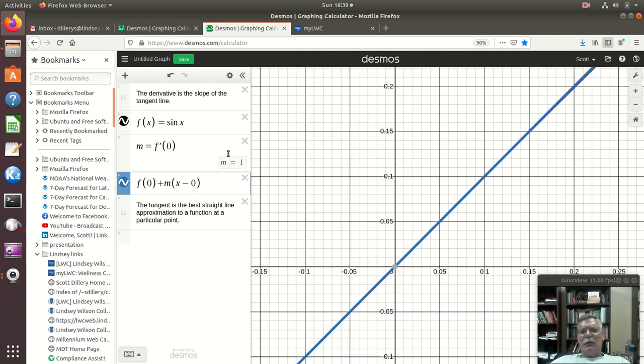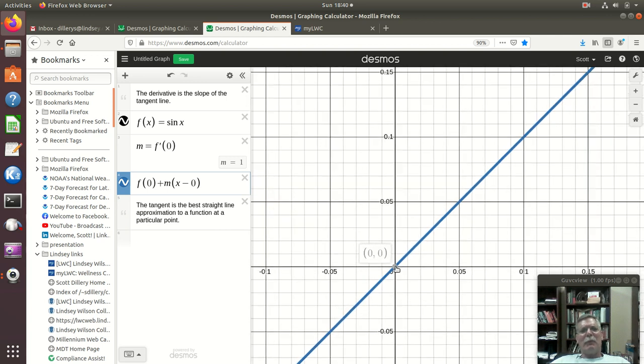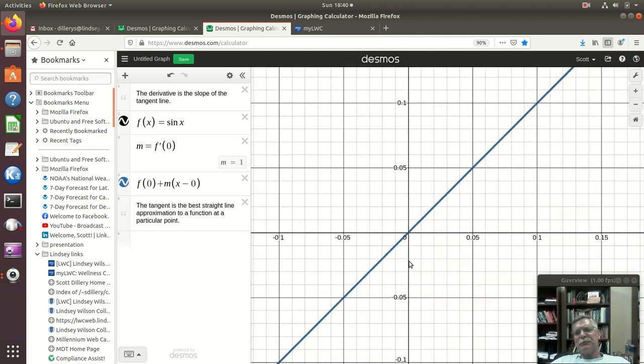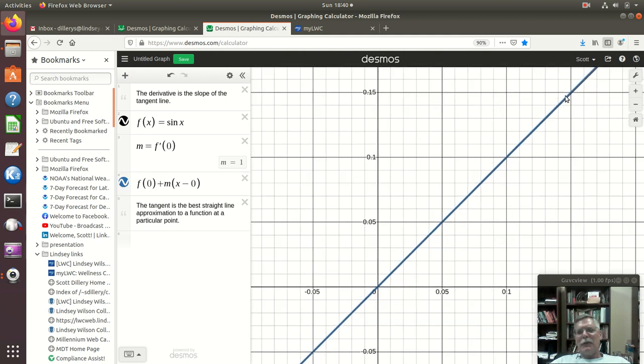Now remember, sine of x is in radians. For small angles, these are pretty much indistinguishable. So here I'm at an angle of 0.15 radians, and they look pretty much the same.